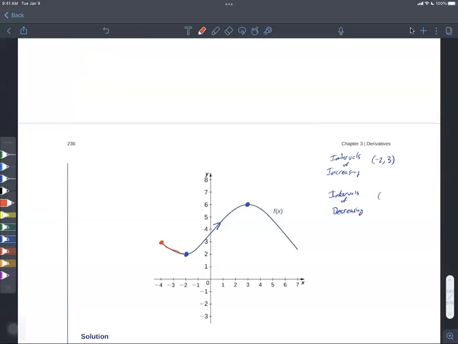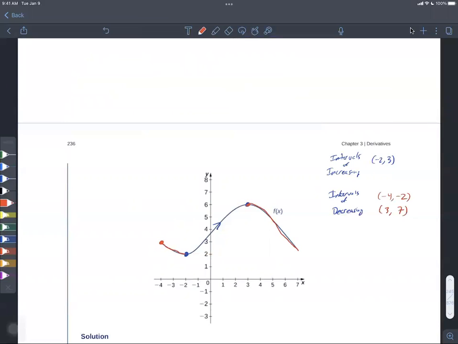Intervals of decreasing are from -4, it looks like, to -2. Also, another place where it's decreasing is over here from +3, it looks like, all the way to +7. So from 3 to 7. And then we have horizontal tangent lines at x equals -2 and at x equals 3.